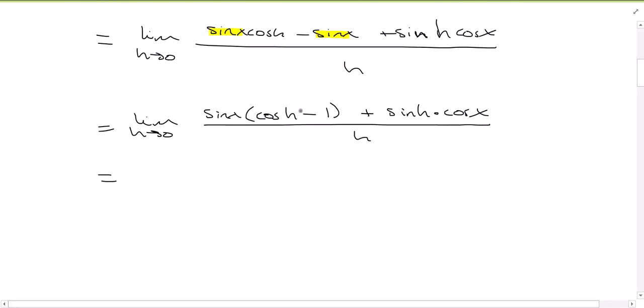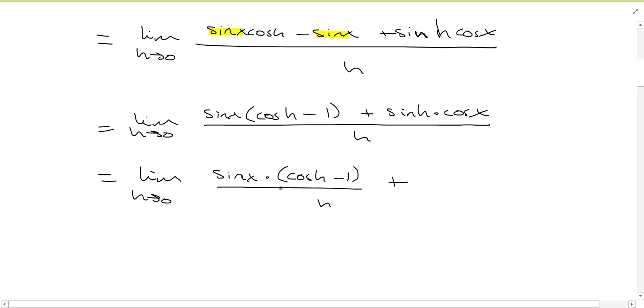And now I can start to see some of my limits. So let me split this up because I recognize some limits here. I'm going to have sine x times cosine h minus 1 over h.